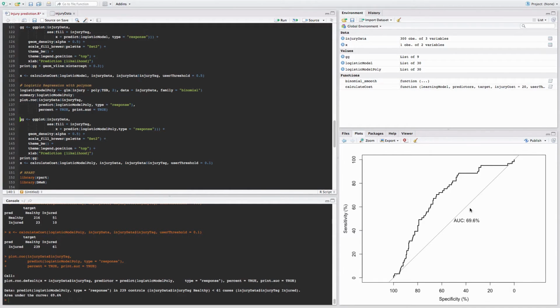So it's important to realize that this is a pretty optimistic estimate of model performance. We need to estimate it on either cross-validated or holdout data. Anyway, in this case, the performance of the classifier, the polynomial logistic, is slightly better than normal logistic regression.